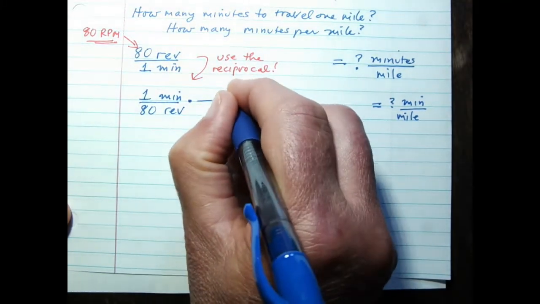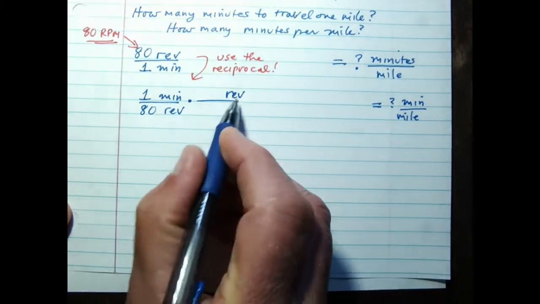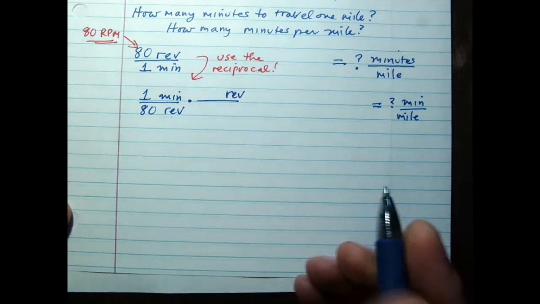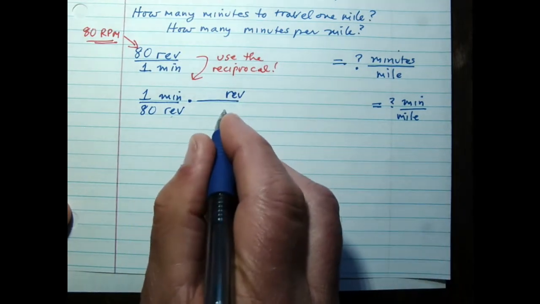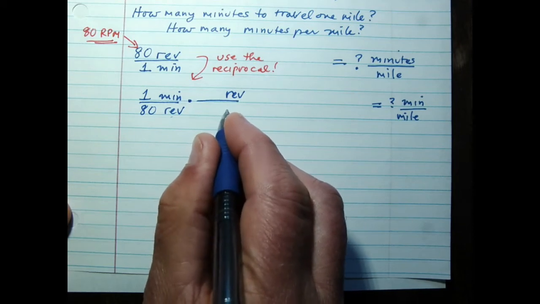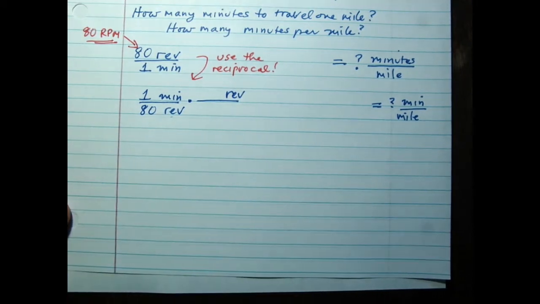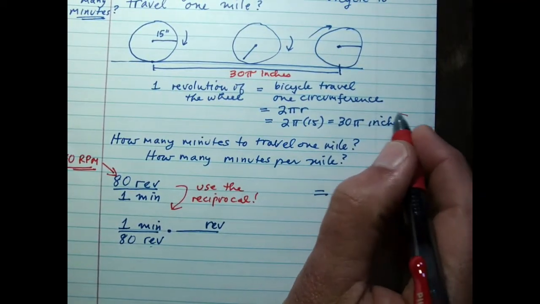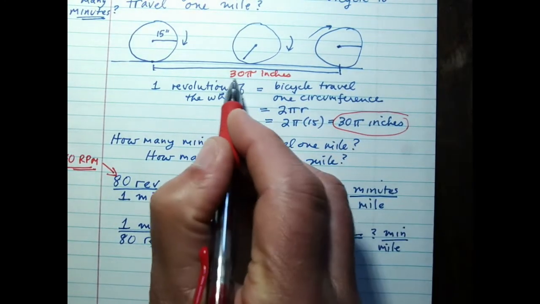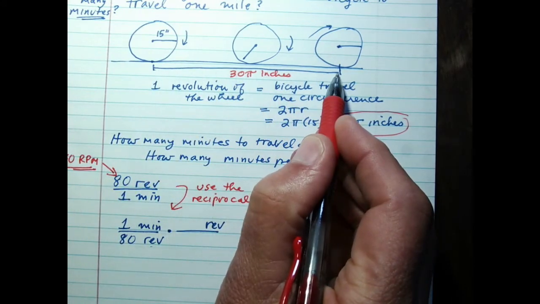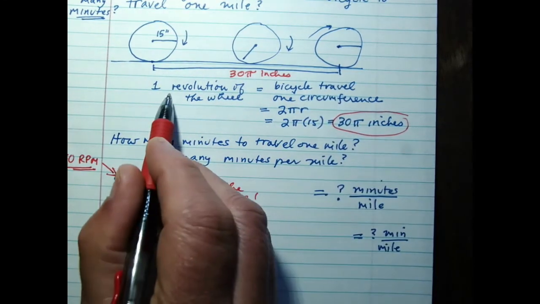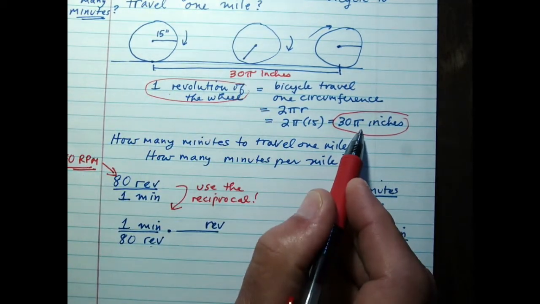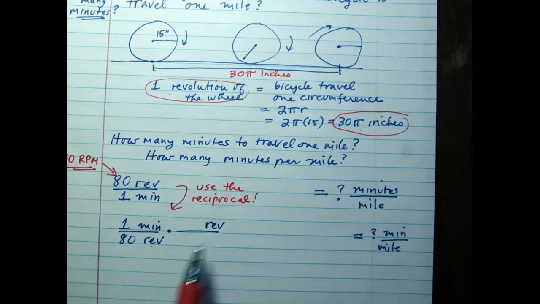So I have to multiply by a ratio that has revolutions. I'm going to write the revolutions above because I want them to cancel. And I want some units of distance here. What I'm going to use is my circumference amount, thought of as the circumference stretched out, because in one revolution of the wheel, the bicycle travels 30 pi inches.